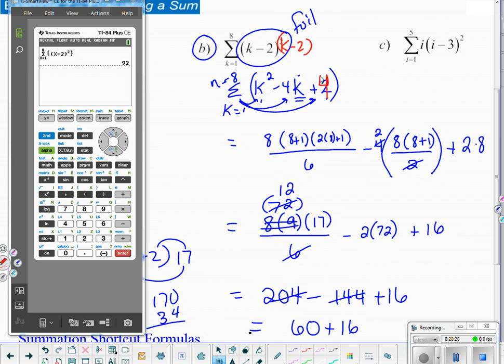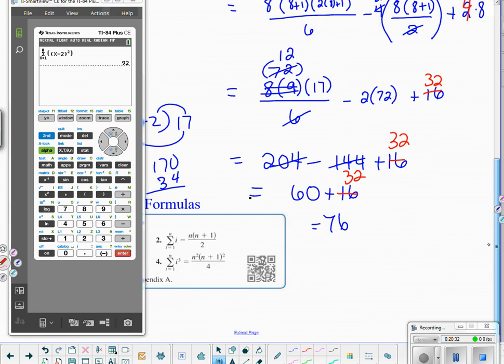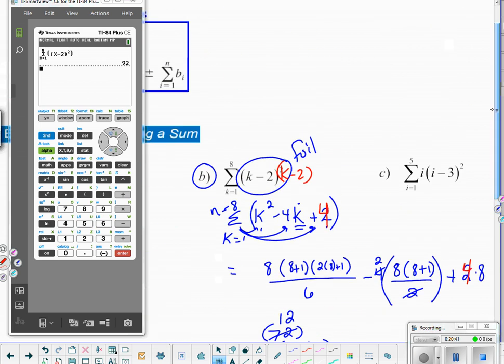I wouldn't get 2 at the end, I'd get 4. Heavens. So there's 4. This becomes 32. I'm so sorry. This becomes 32. And boom, there's the 92 that the calculator verifies with us. I bet you were wondering when I'd catch that. Glad I did. Okay, last one, B.